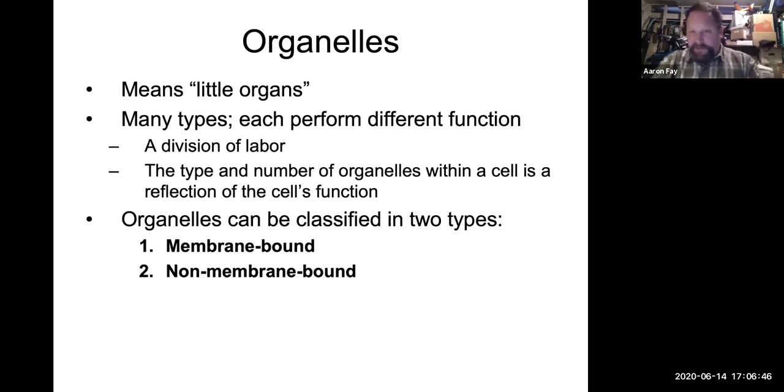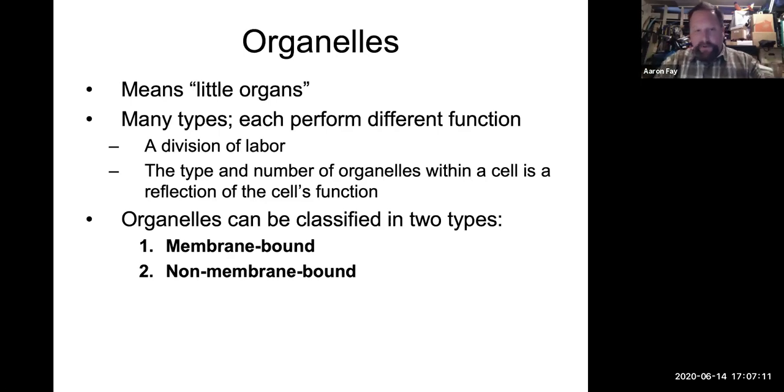This is one of the major differences between eukaryotic cells, meaning cells like us, and prokaryotic cells, meaning things like bacteria. Bacteria don't have these little organelles. Eukaryotes, true eukaryotic plants, animals, we do have these organelles. That allows the cell to be much larger and carry out much more complicated processes.